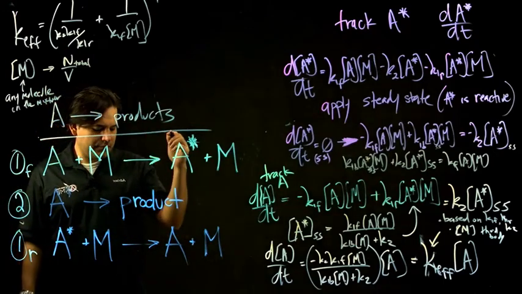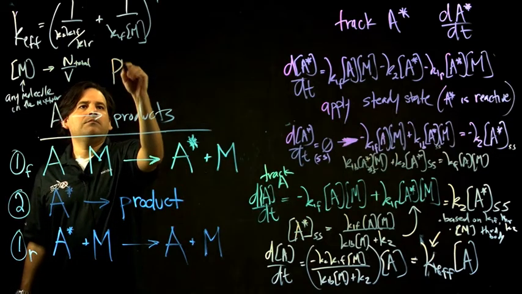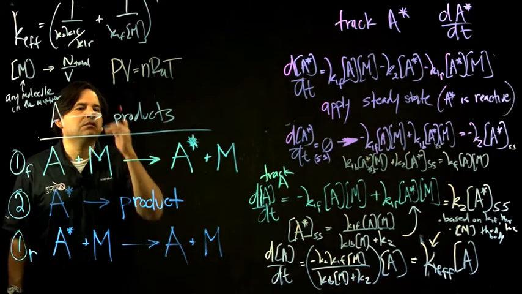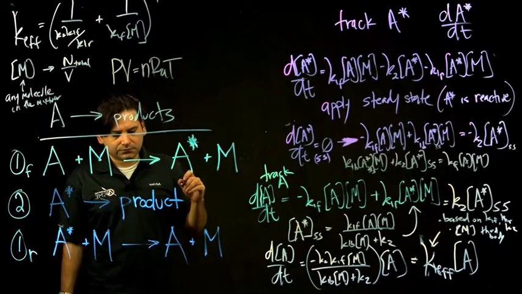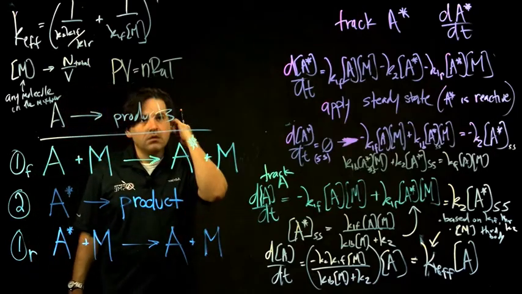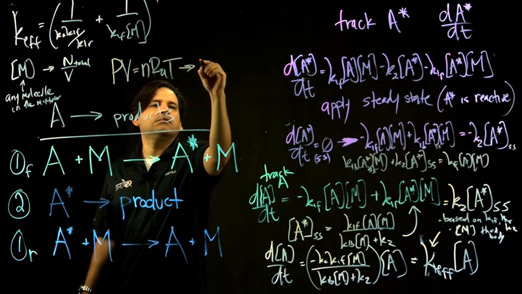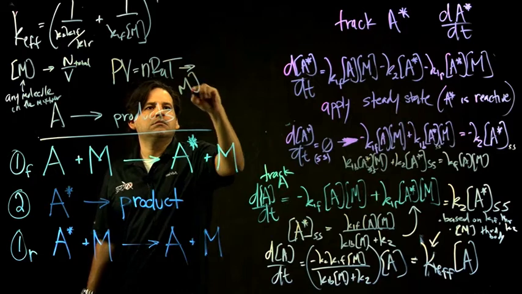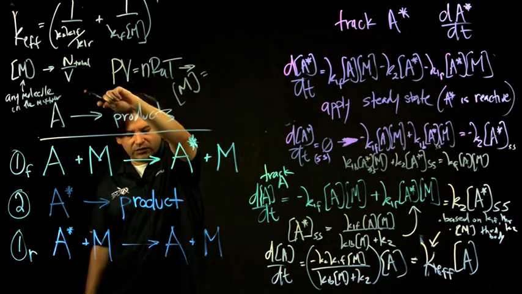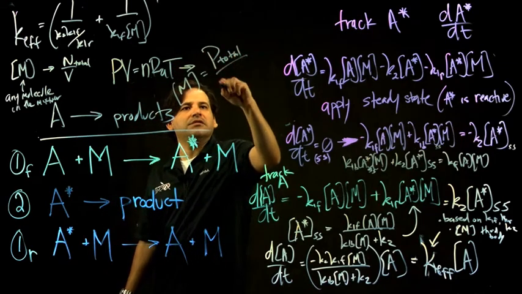So for the gas phase, we just use this definition. By this definition, the molar density, this concentration of the third body, is just based on the ideal gas equation.